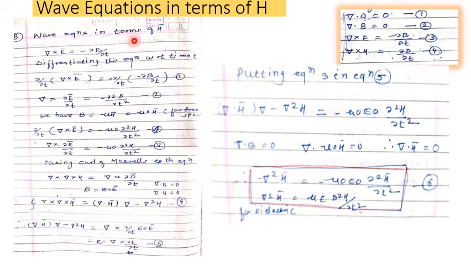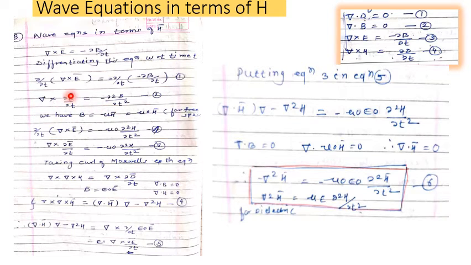For the wave equation in terms of H bar, we have to differentiate equation number 3, and next we have to take the curl of equation number 4. So differentiate equation number 3 again, that is del by del t of del cross E bar minus del by del t of del B by del t.